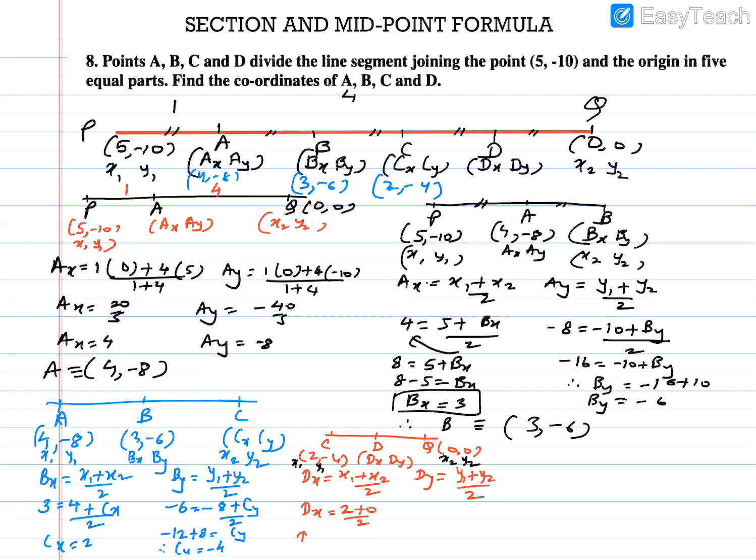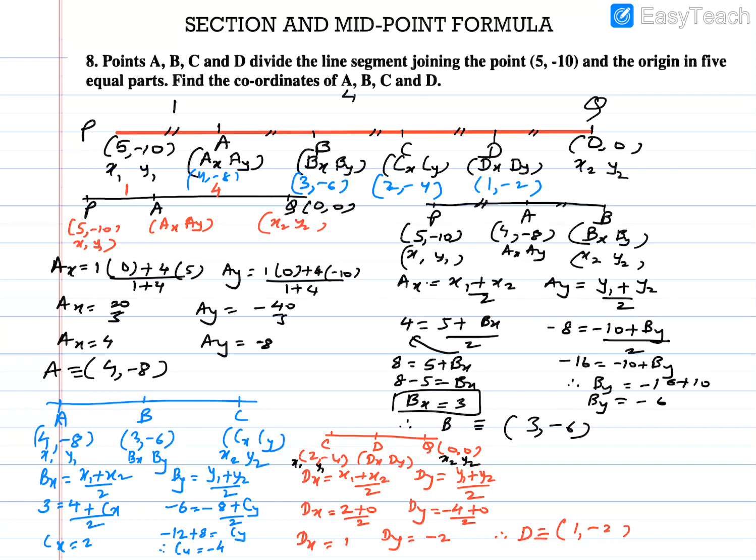On solving you will get dx as 1 and dy equals to, what is y1? y1 is here minus 4 and y2 is 0 upon 2. dy will be equals to minus 2. Therefore coordinate of d is also obtained as 1 and minus 2. So here you will write 1 and minus 2.